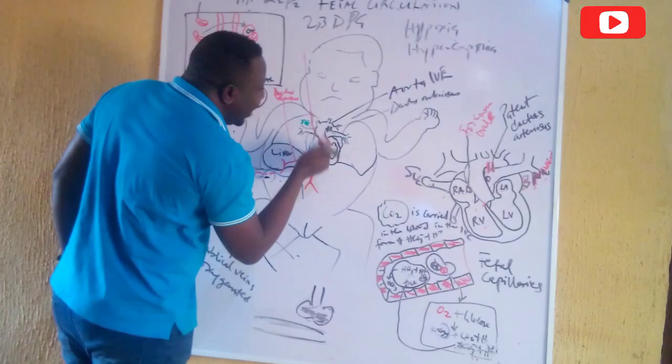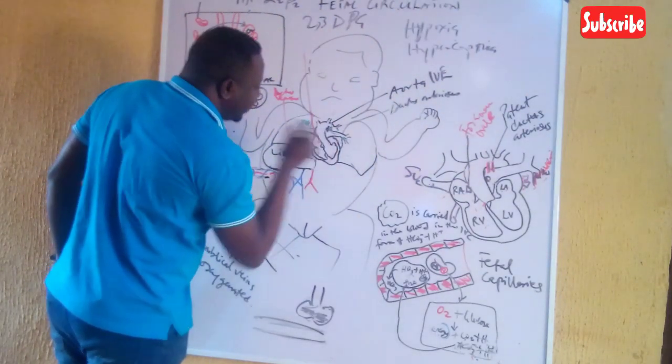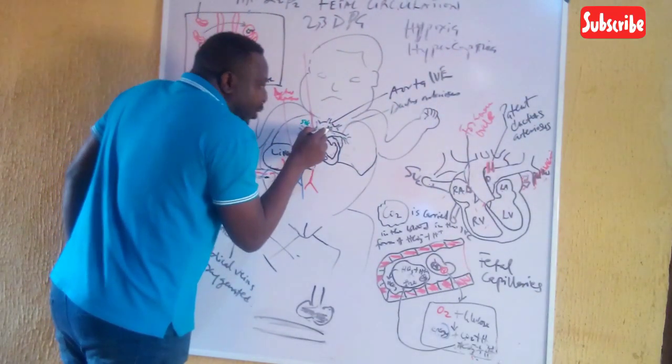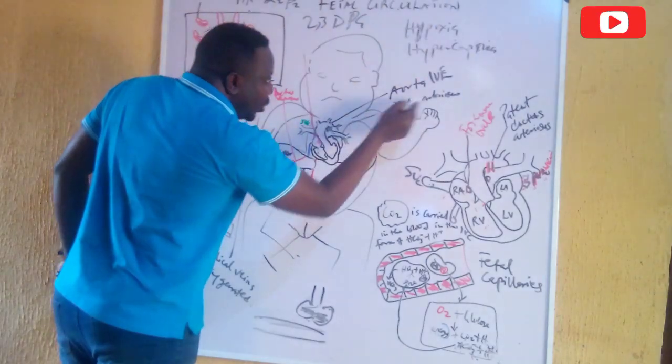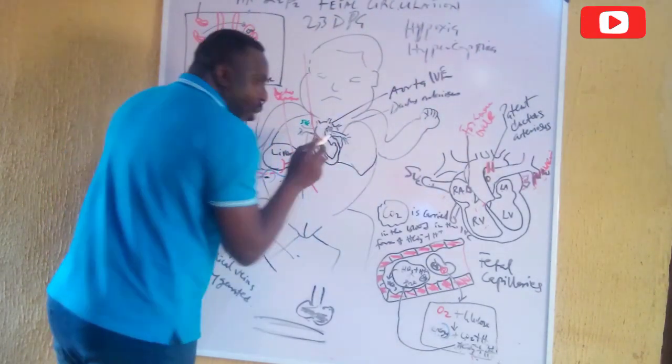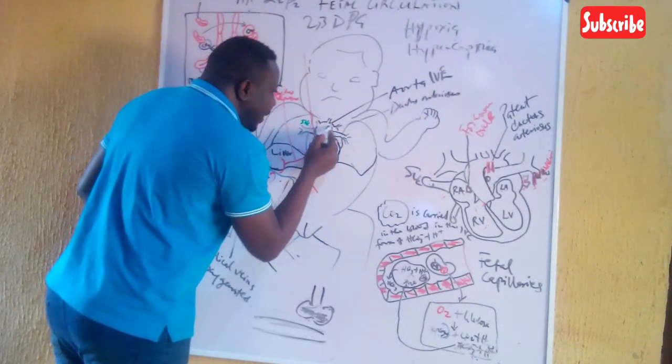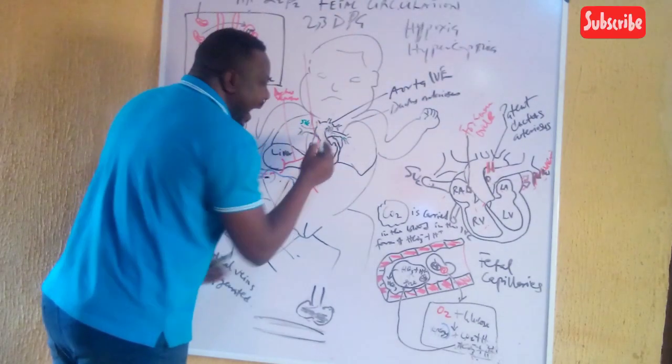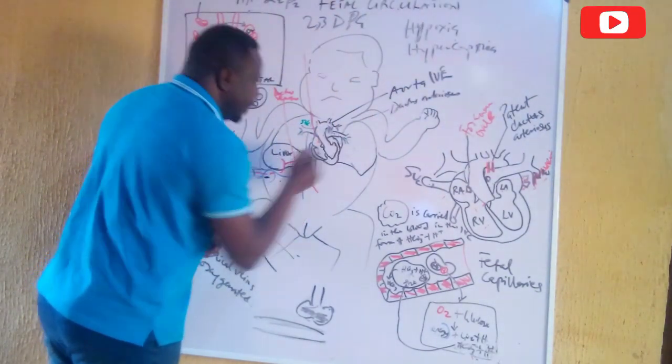Now, because the blood has a high concentration of oxygen, the smooth muscles of ductus arteriosus, of course, will respond to the high concentration of oxygen in the blood and will begin to constrict.